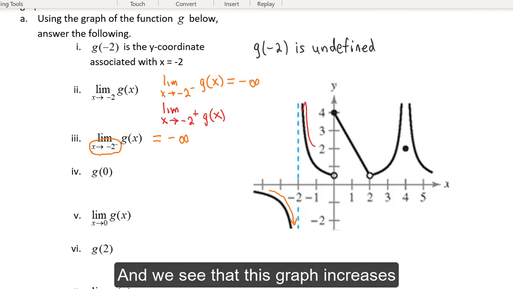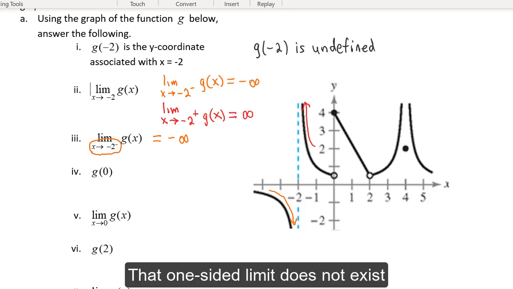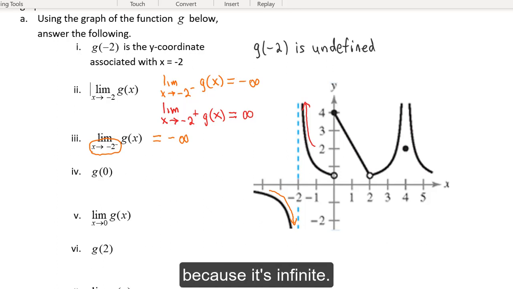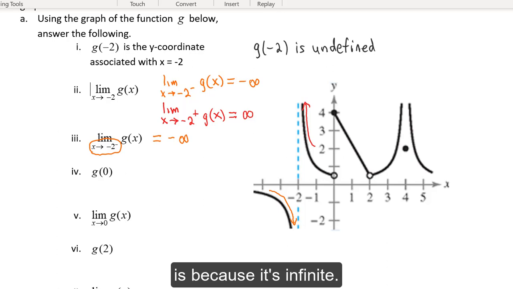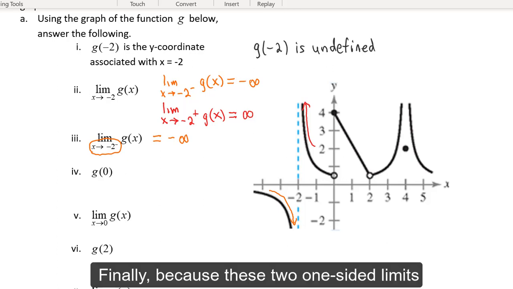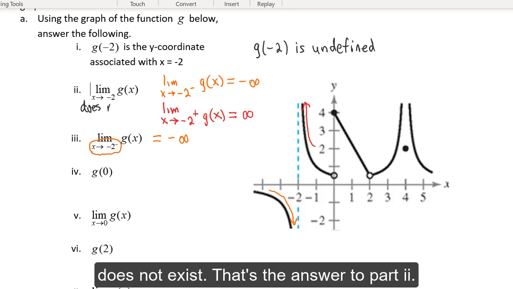And we see that this graph increases without bound, which means that this one-sided limit is equal to positive infinity. That one-sided limit does not exist because it's infinite. The manner in which the limit fails to exist is because it's infinite. Finally, because these two one-sided limits disagree, we say that this two-sided limit does not exist. That's the answer to part 2.